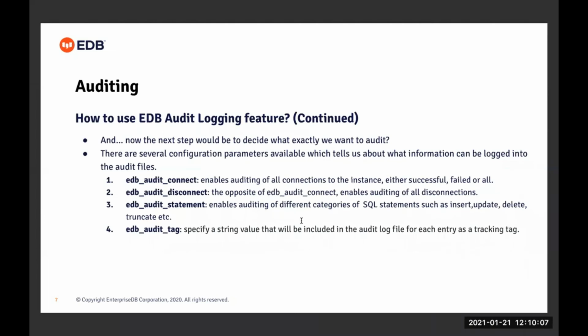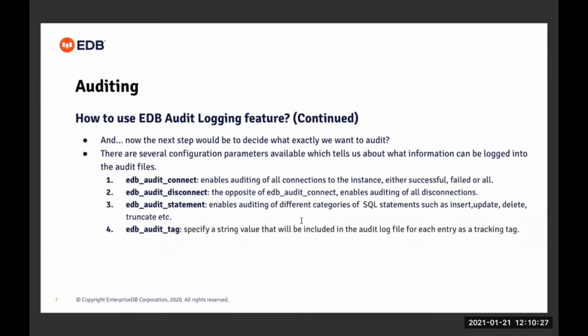It can be set to three different values. If set to successful, it will only log the successful connections. If it is set to failed, only the failed connection attempts will be logged. And if it is set to all, both the successful and failed connection attempts will be logged.